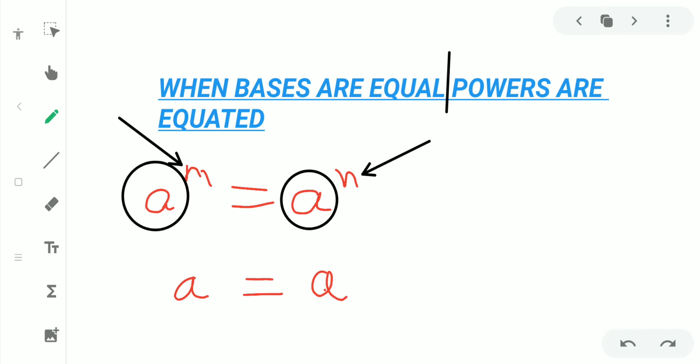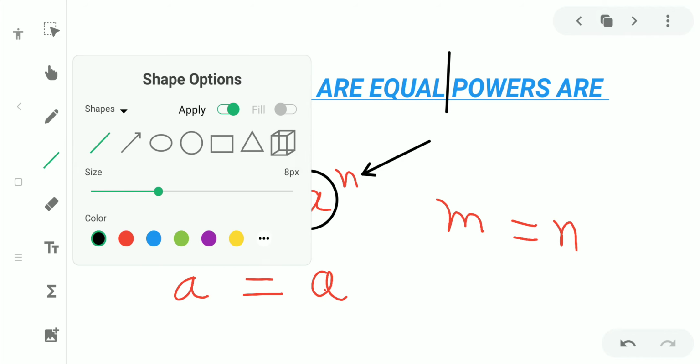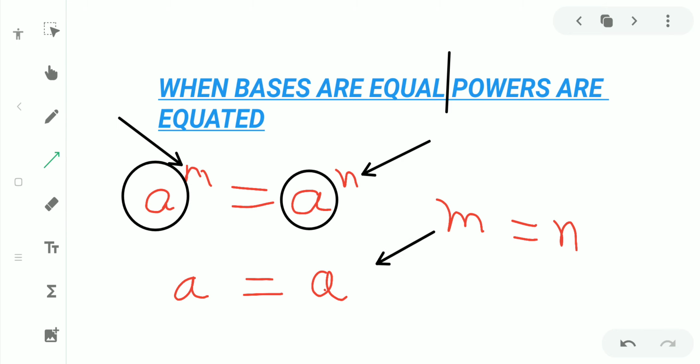So that is what is given in the statement. But this condition comes only when the bases are equal, then only the powers are equated. If not, the powers are not equated.